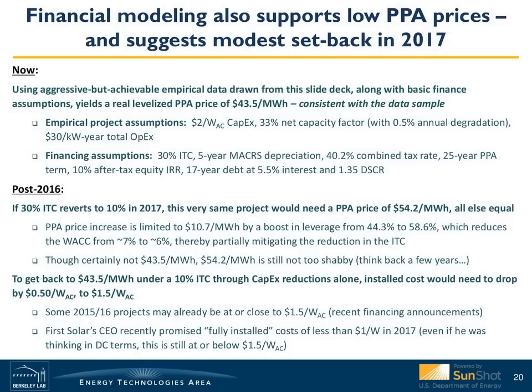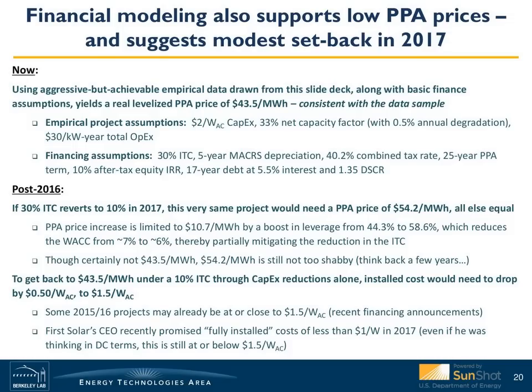Now clearly a 50 cent per watt CapEx reduction is significant, particularly when you're starting at around $2 per watt. But on the other hand, based on some recent financing announcements that we've seen, some projects being built this year and next may already be at or close to that level.